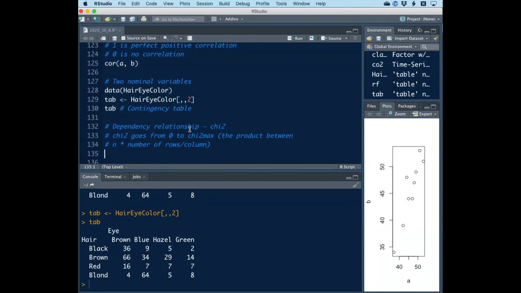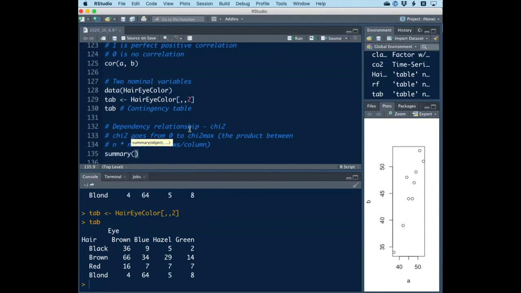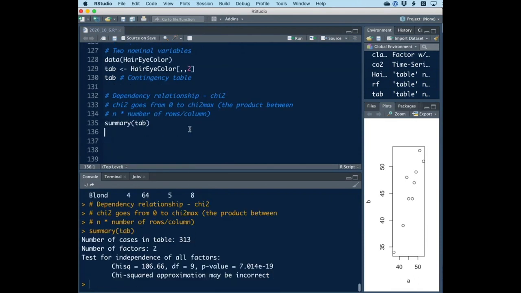So, how do I calculate such a chi-square value? I calculate it very simply. I simply have to use the summary method. Yes, these are correct, because this is already a table. If you want to obtain the chi-square value, then you have to use as an argument a contingency table.